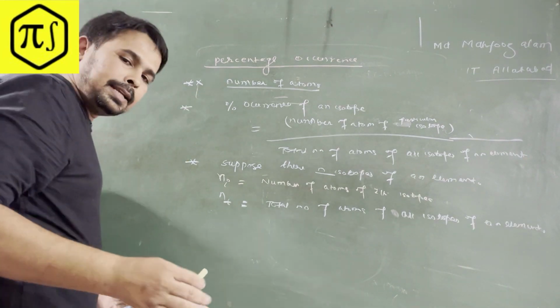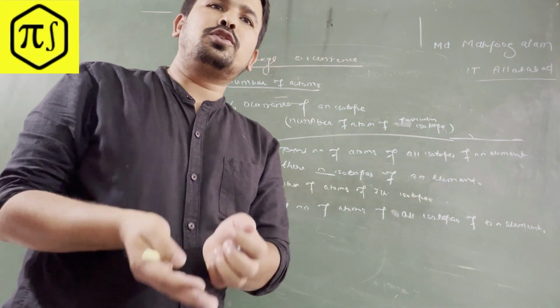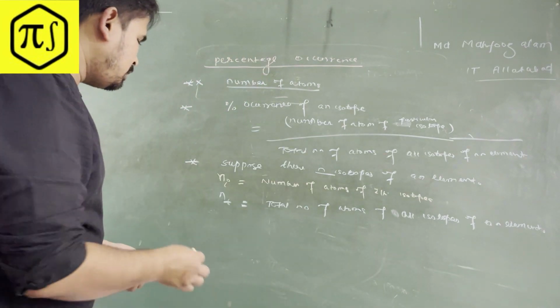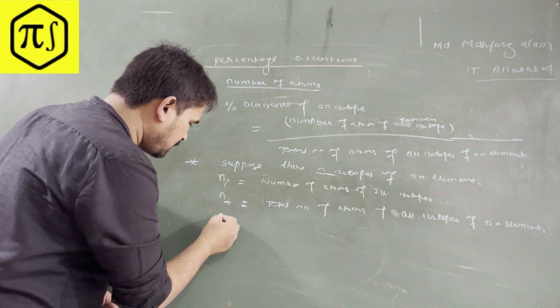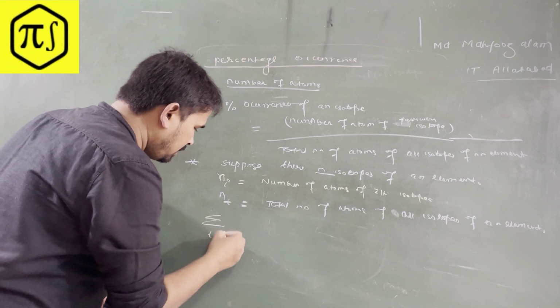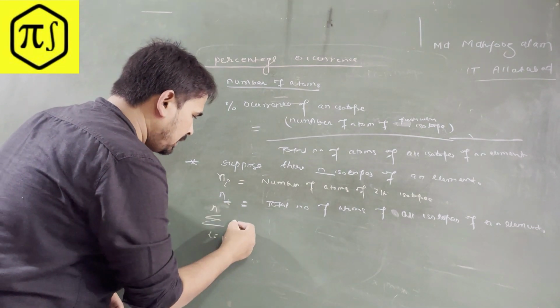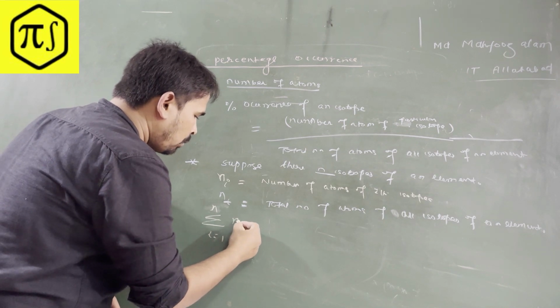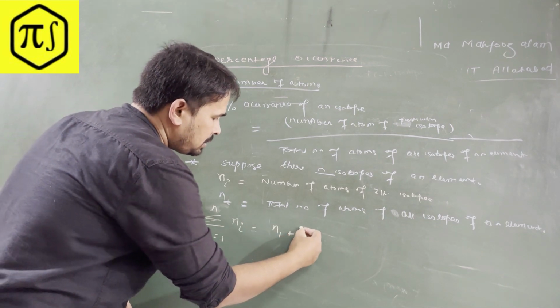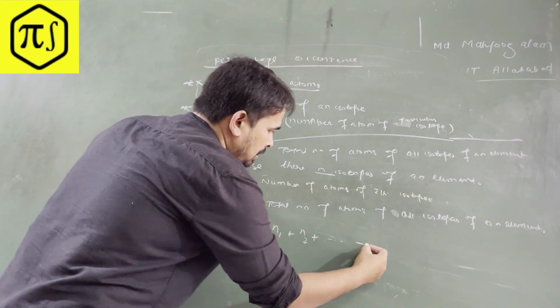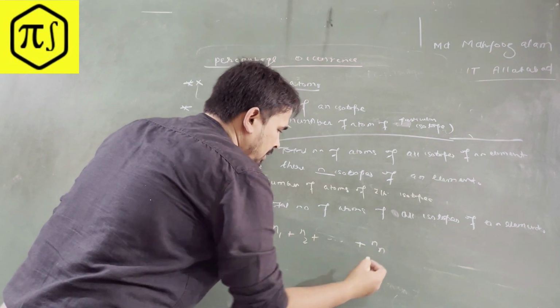Now remember, in mathematical symbols, we know the summation symbol, right? This is very basic and nothing much actually. So let's say i equals 1 to n, where n is the total number. And then we have Ni. What is the meaning of it? N1 plus N2 plus dot dot dot Nn.